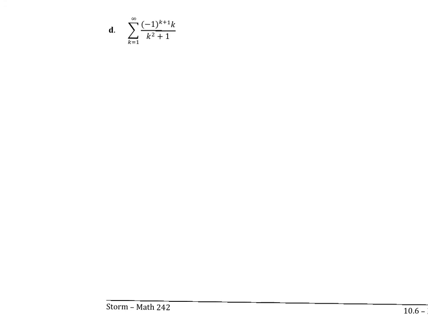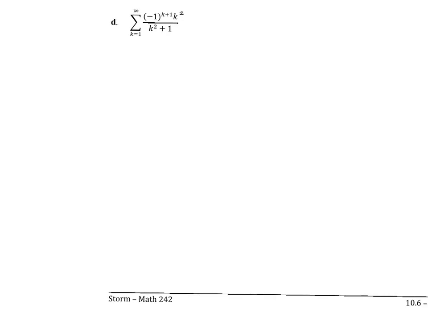The last example in this section, I have a typo. This should be k squared over k squared plus 1 for this alternating series. What I first want to do is look at this series without the negative. So I'm looking at the absolute value of the series.